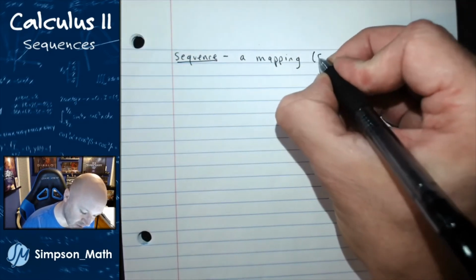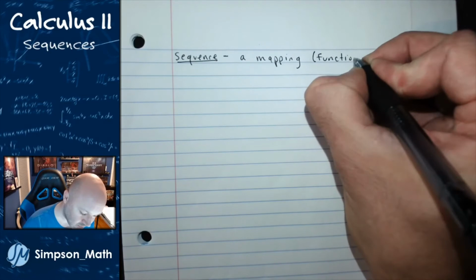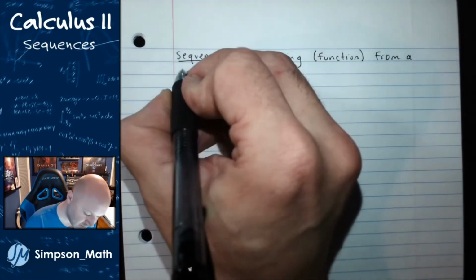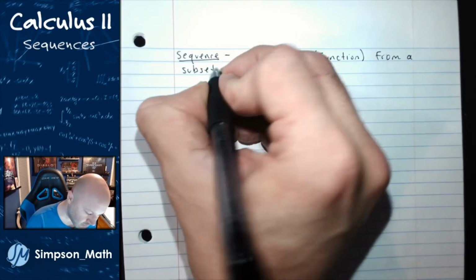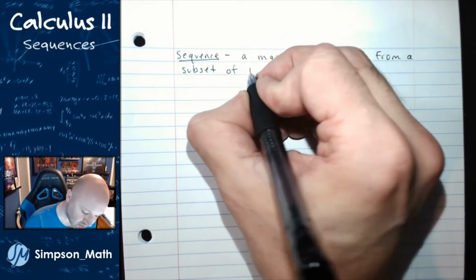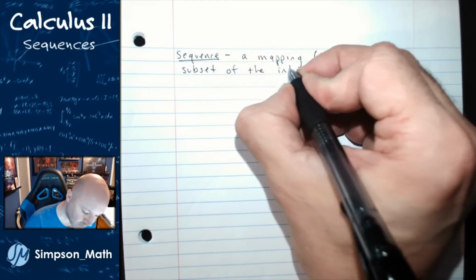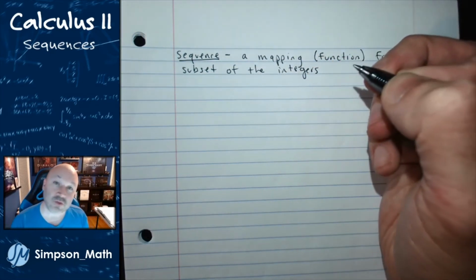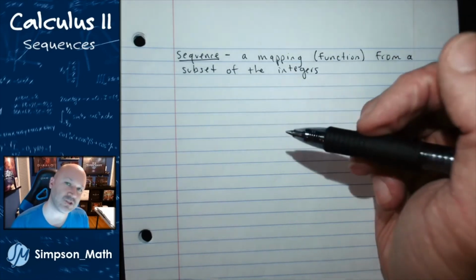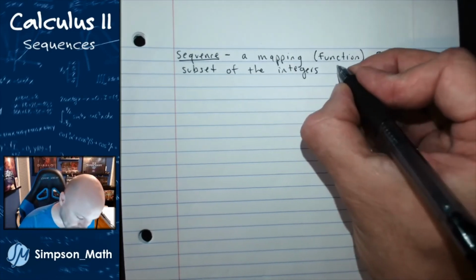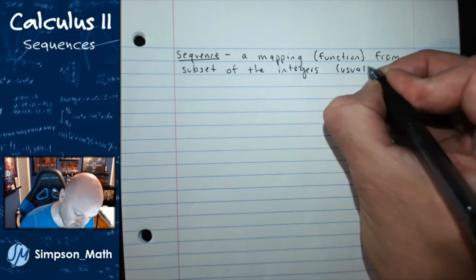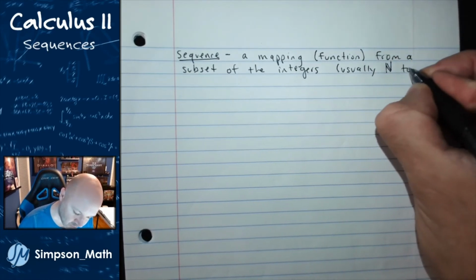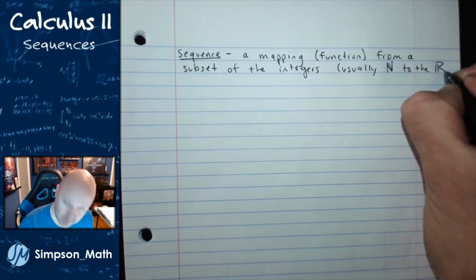That's kind of a fancy word for function. From a subset of the integers, usually the natural numbers, but I just showed you the whole numbers, to the real numbers.